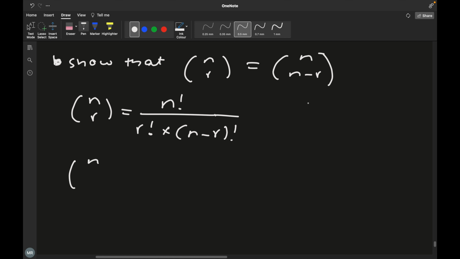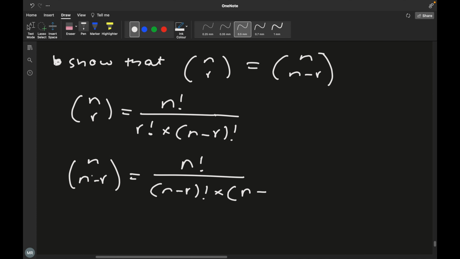Let's do the same for this one, and multiplied by n minus of this, which is n minus of minus r, which is plus. These get cancelled out. We're left with the same thing.